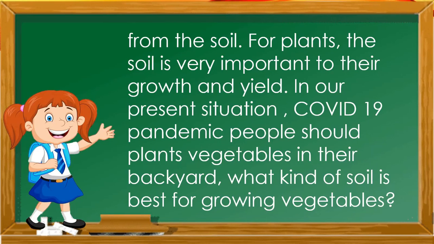For plants, the soil is very important to their growth and yield. In our present situation, COVID-19 pandemic, people should plant vegetables in their backyard. What kind of soil is best for growing vegetables?